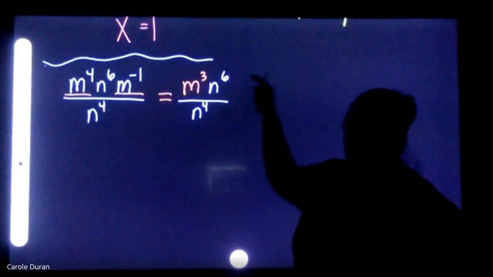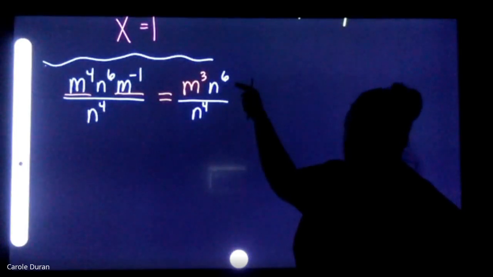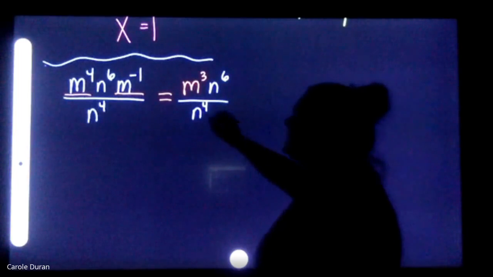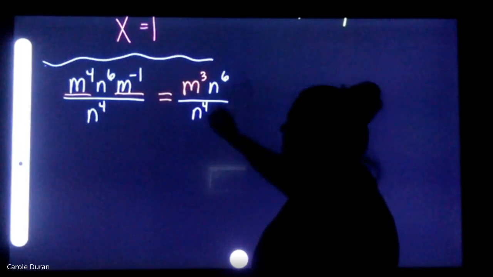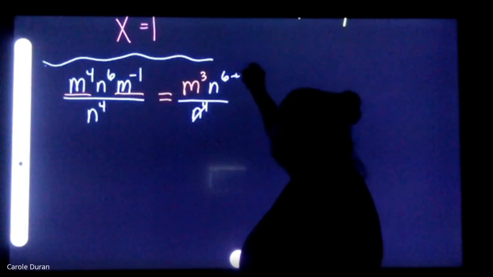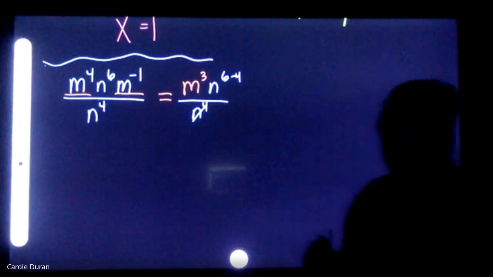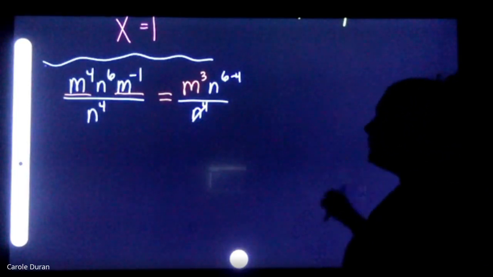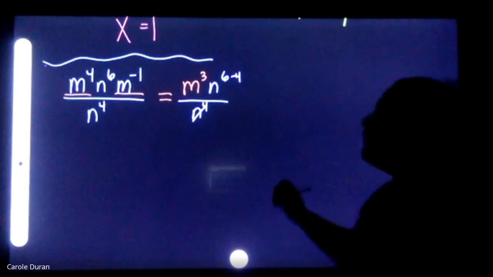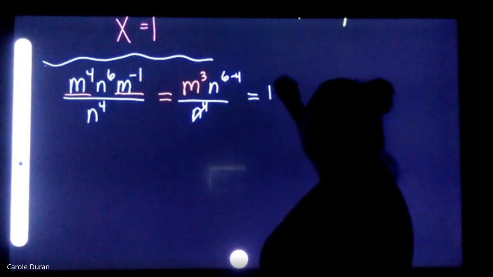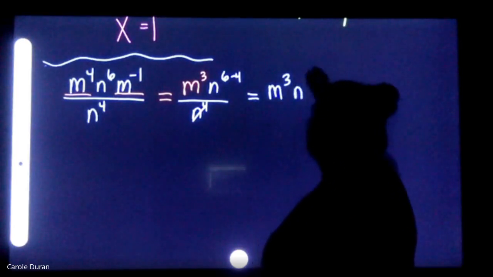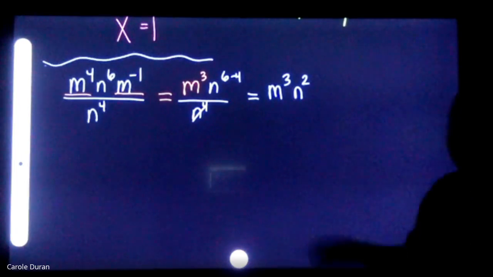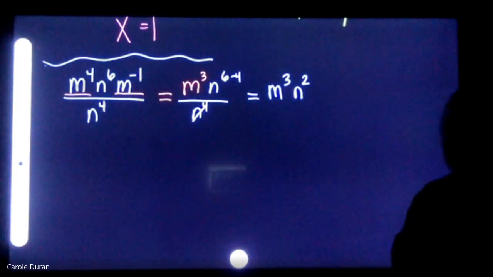The larger one stays. Okay, so since that larger one is staying, I'm going to go ahead and move this one to the top. And when I do, it becomes subtraction. So now I have in my numerator n to the 6 minus 4, which will equal 2. So now I have m cubed, n squared, and then I'm done because there's nothing else that I can combine.